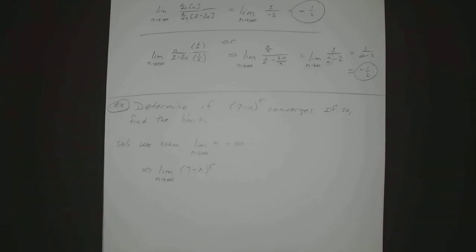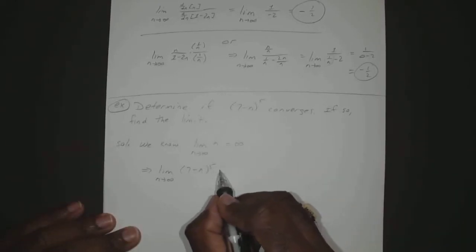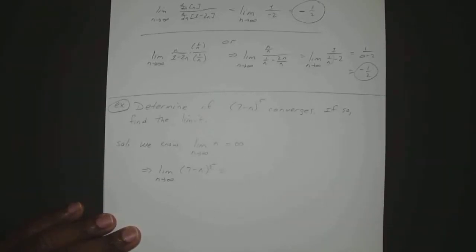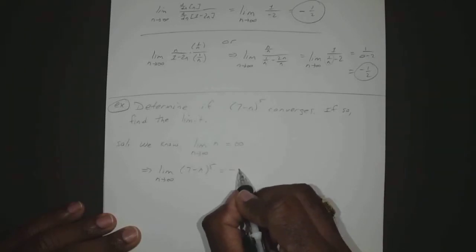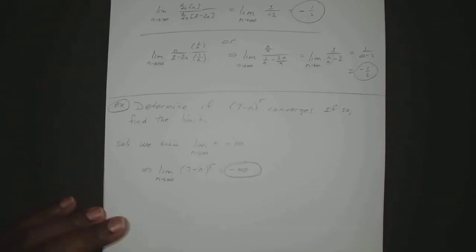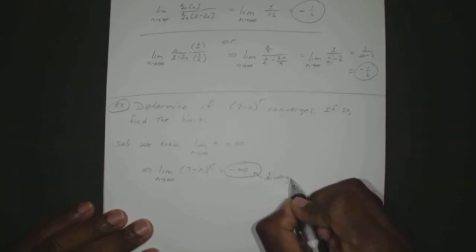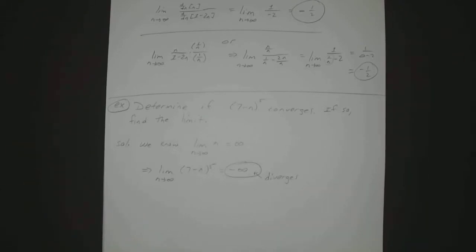If you take that negative really big number to the fifth power, it's still just a negative really big number. So in this case, it's going to equal, actually, negative infinity. So in other words, this one diverges. All right, any questions on that one?